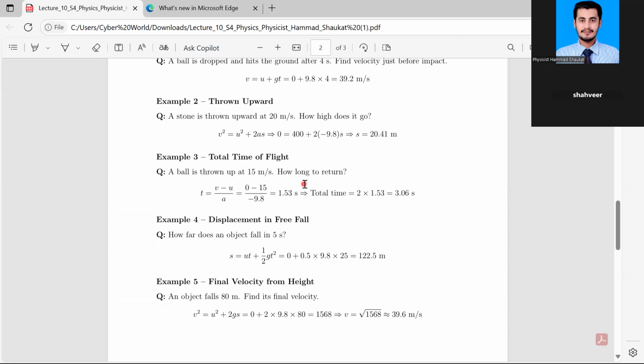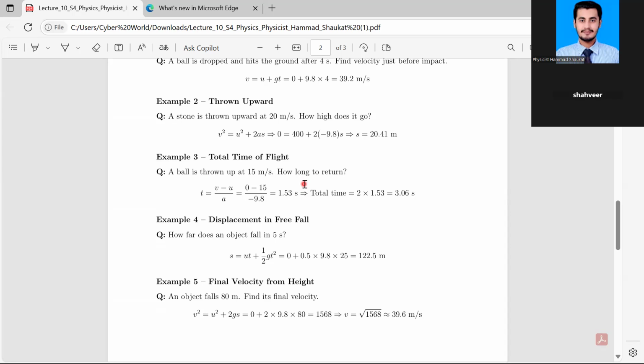So the remaining are first or second. Can you tell me which equation of motion we have to use? First or second? Second. But in the second equation of motion we require distance s. Oh, first. In this problem the distance is not given, so we have to move on to the first equation of motion.